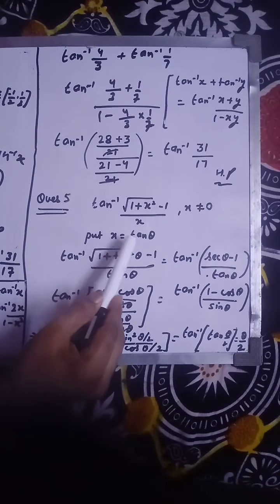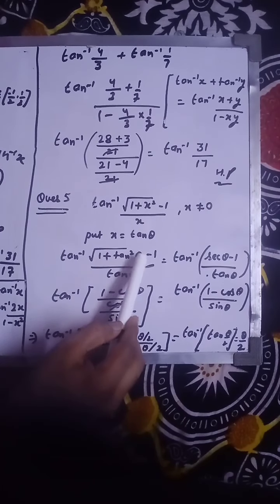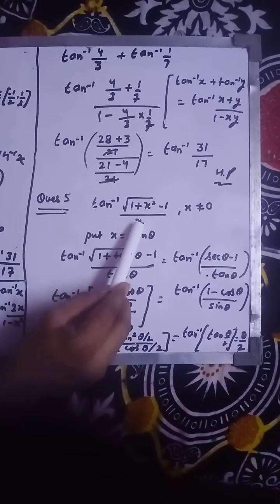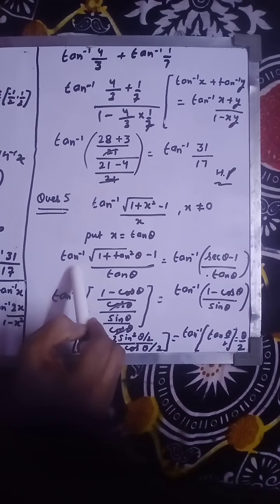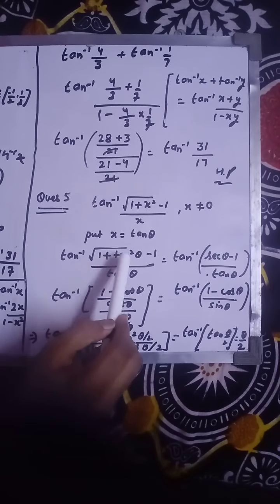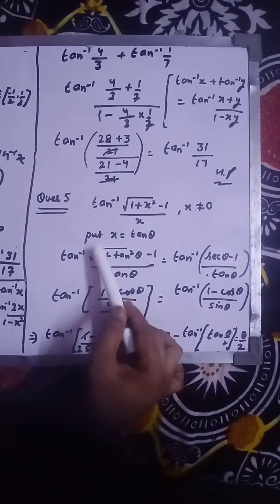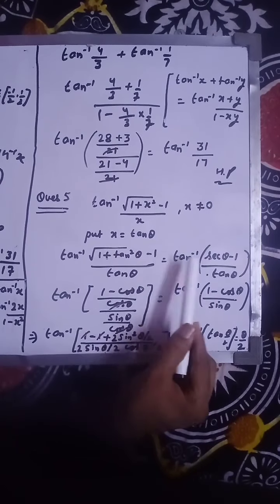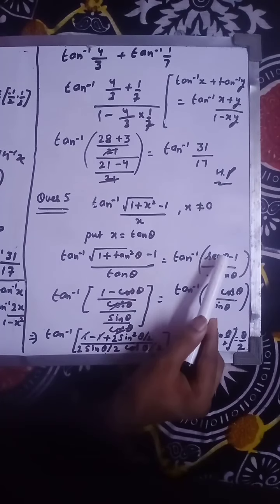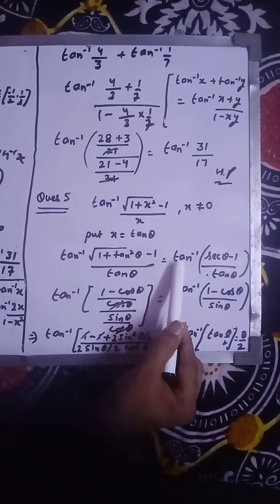After putting x equals tan theta in this equation, you will get under root 1 plus tan square theta minus 1 over, in place of x again tan theta. So 1 plus tan square theta is sec square theta, and under root it would be sec theta. So I'm writing sec theta minus 1 over tan theta, and tan inverse remains the same.